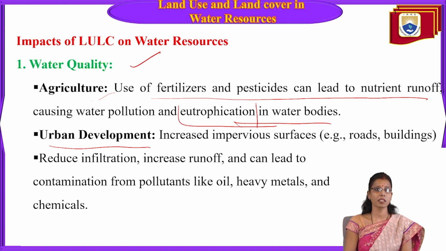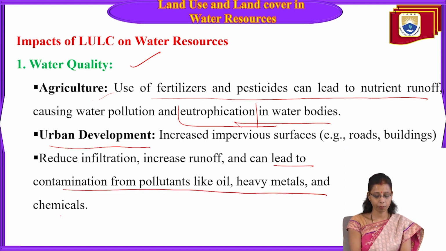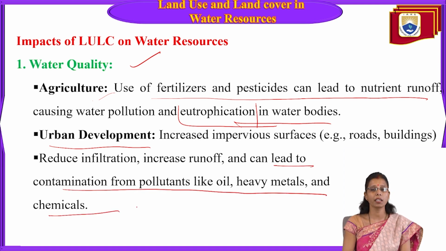The second thing we can see is urban development. Due to urban development, the infiltration will be less, and it leads to contamination by pollutants like oil, heavy metals, and chemicals. Wherever the urban areas are more, the heavy metals and chemicals that we throw on the ground and into the water will affect everything.